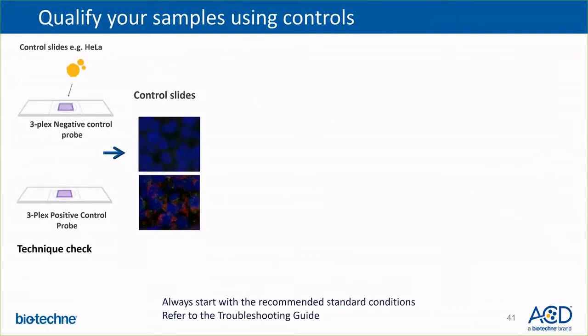Besides preparing samples according to our recommended protocol, it is very important to have probe controls for the RNAscope assay. First, if you're running the RNAscope assay for the very first time, we recommend running positive and negative control probes on our control slides, such as HeLa, in order to ensure that the assay setup in the lab is optimal.